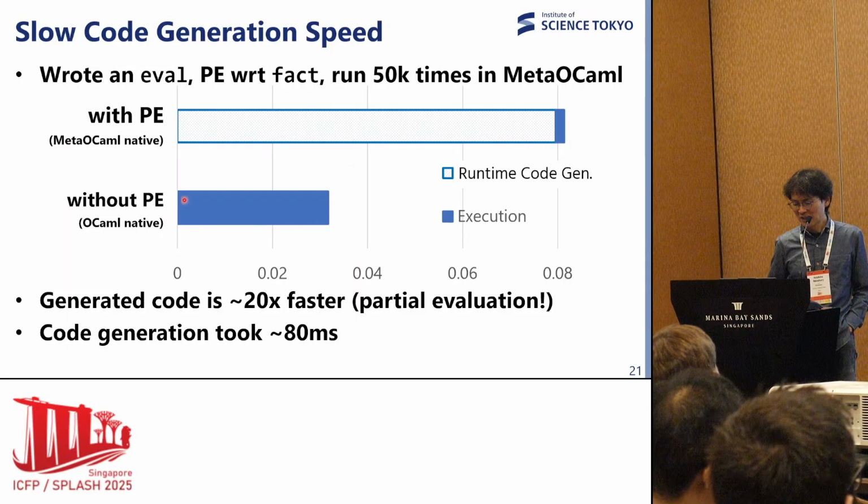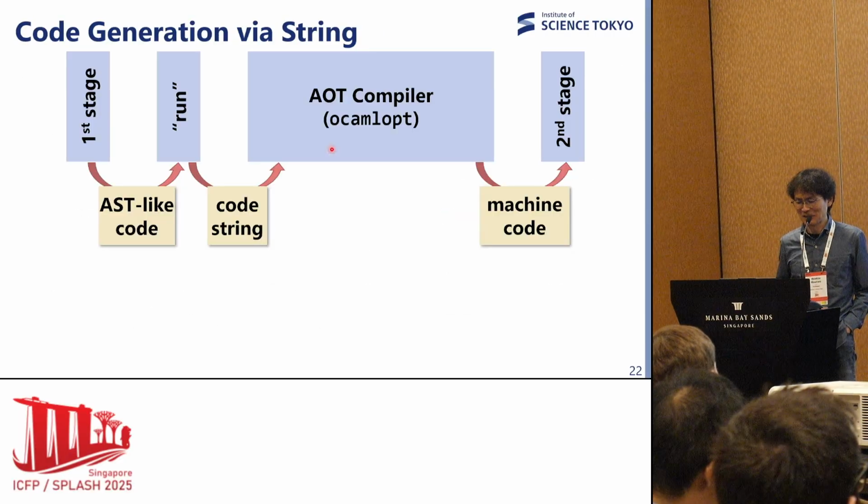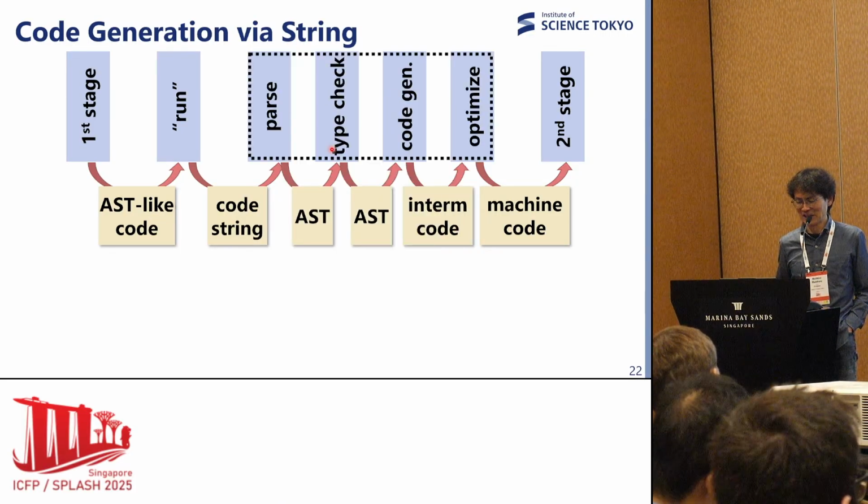This is interpreted execution, and this is MetaOCaml dynamically compiled execution. The compiled code is very fast, 20 times faster than the original one, but it takes 80 milliseconds of dynamic code generation, which is sad because MetaOCaml actually uses an ahead-of-time compiler behind the scenes.